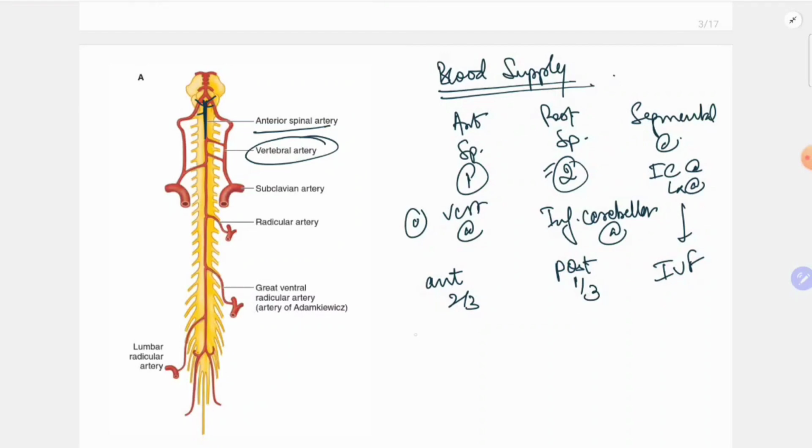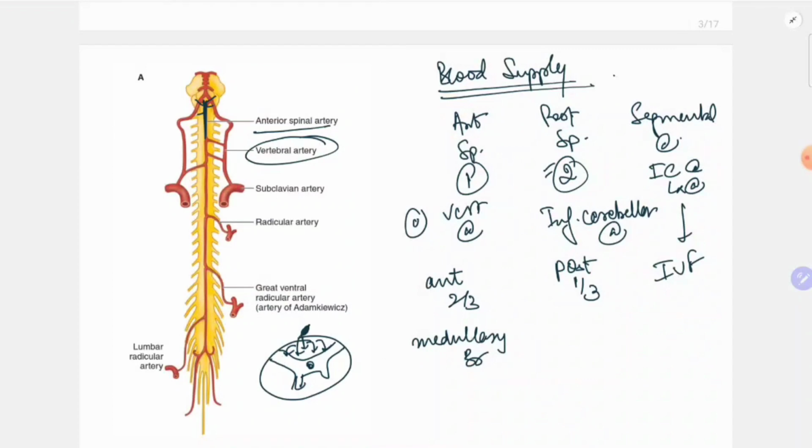1/3. But the medullary branches, when I say medullary branches, means if this is my spinal cord, this is the gray matter, okay, right? So if this is the anterior spinal artery, it will give some branches that will pierce and enter the cord and reach the gray matter in the core.